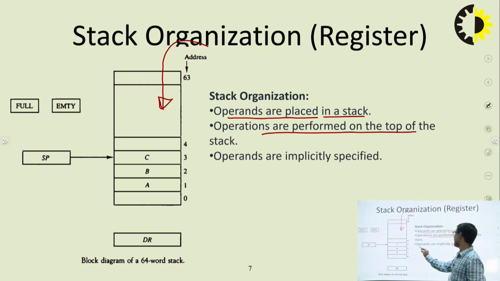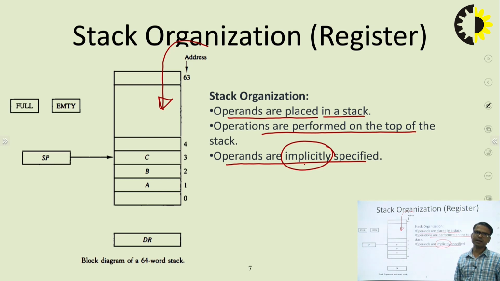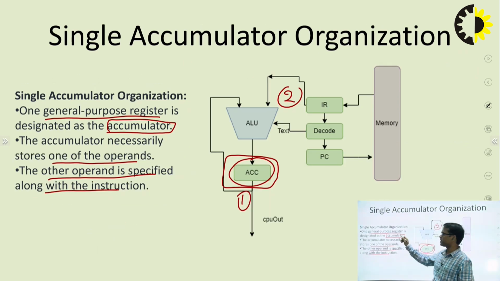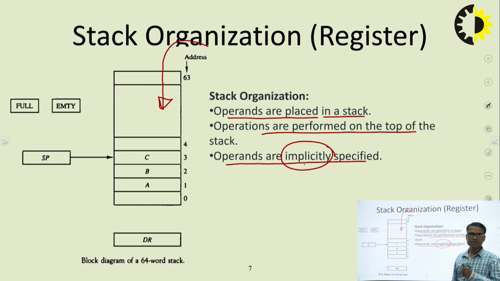So, operands are implicitly specified, that is more important to note here, that is implied. Okay, here we can see that it is explicit, and here one is explicit and another is implied. So, this is the differentiating factor in the three classes, how much explicit and implicit notion for the data we are referring to for an operation has to be specified, and that is why it is classified into single accumulator, general purpose and stack organization.